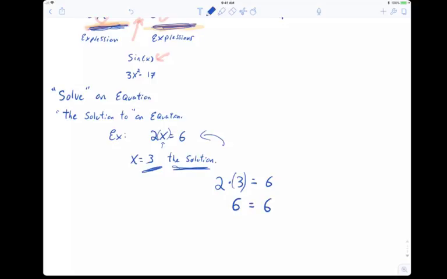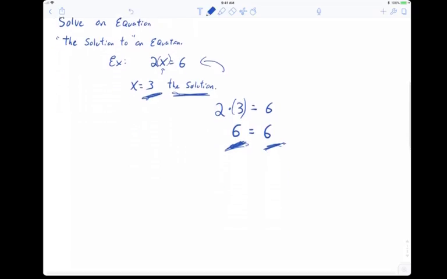If I replace this x with a 3, you end up with a number where these 2 numbers are equal. The expression on the left-hand side is equal to the expression on the right-hand side. Hooray! That's what we mean by solution. Okay? So a solution is us trying to find which values of x make the left-hand side equal to the right-hand side.